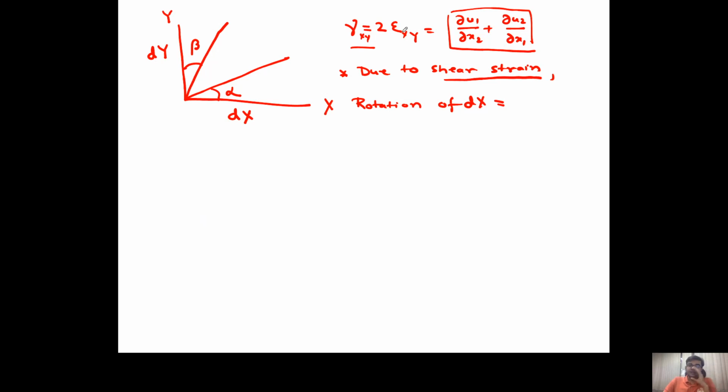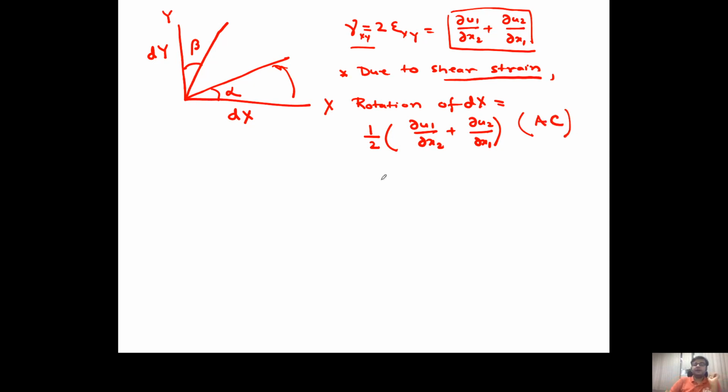So if we consider only rotation of dx, that is half of that: del u1 del x2 plus del u2 del x1. And this is only because of shear strain. Remember that part. So this is the rotation, and this is in the anti-clockwise direction, so I will write AC.